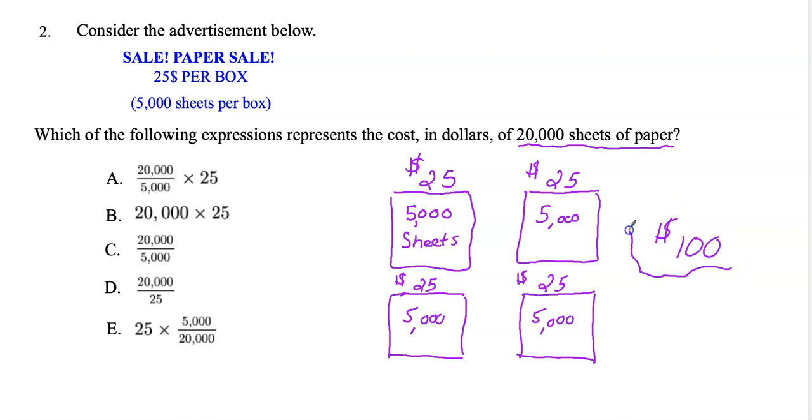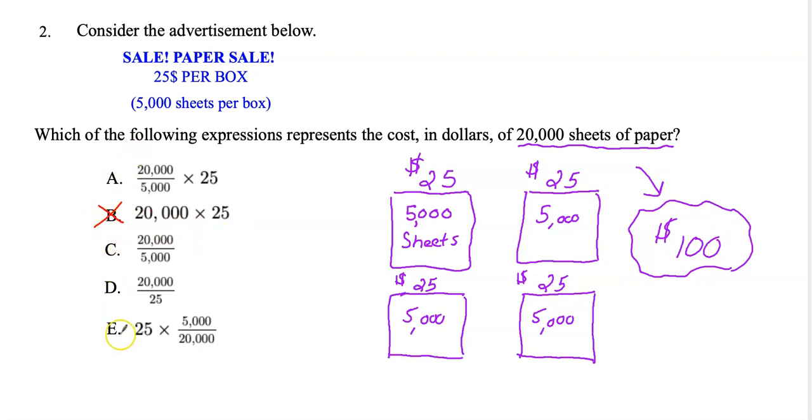So whichever expression here gives out a cost of $100, that will be my answer. Let's see if we can eliminate some off the bat. I can eliminate this, B. I mean, 20,000 times 25 is way bigger than $100, so this is gone.